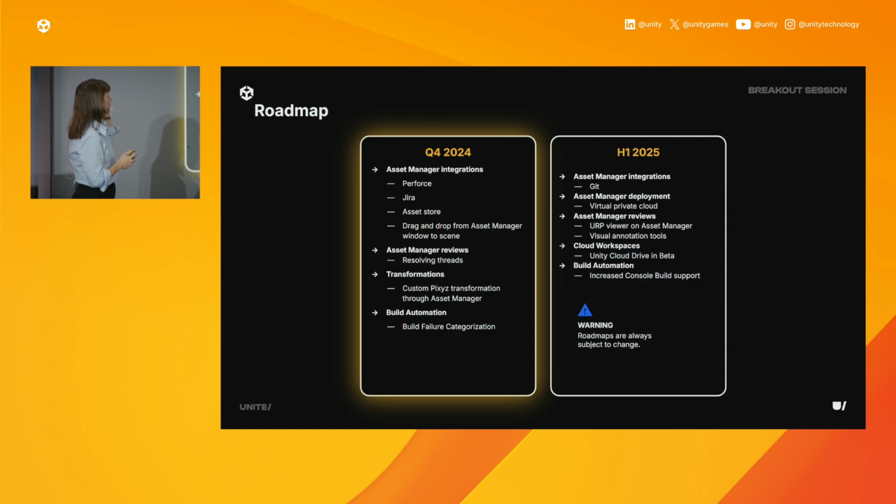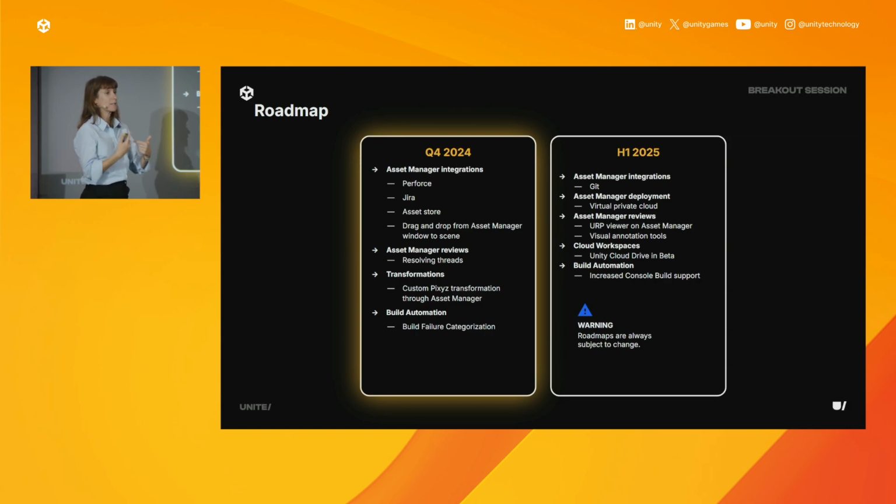And other integrations with tools that are already in your pipeline, like Jira, Perforce, Git, early in the first half of 2025. You can also look for the ability to drag and drop from the Asset Manager window onto the scene directly. And you can look for more collaboration features, so a URP viewer on Asset Manager on the web app, visual annotation tools, resolving threads.